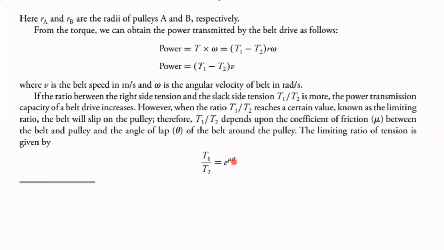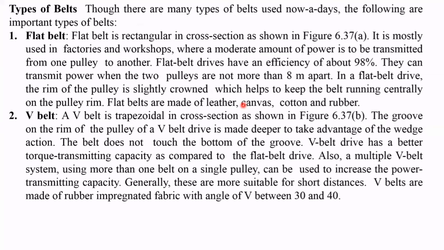If there is more angle of contact between the pulley and the belt, means more contact surface, they have more friction, so they can transmit more power, because T1 by T2, the tension ratio, depends on the coefficient of friction and the angle of contact. In this way, the power transmission depends on the tensions in the belt and the friction between the belt and the pulley.